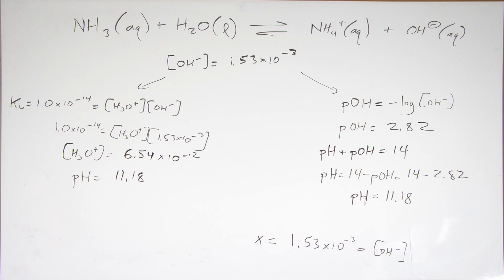So it doesn't matter which way I do it. Typically the one on the right is more common because, again, when we do buffers, we have an equation that has pH already in it, or pOH already in it, so the one on the right tends to be a little more common later. But both will give me identical answers because they're identical mathematically. It's just a matter of what steps I'm doing first and in what order.